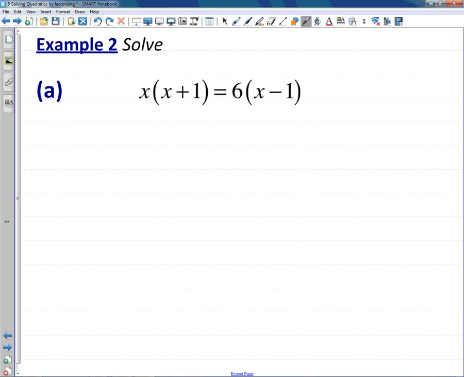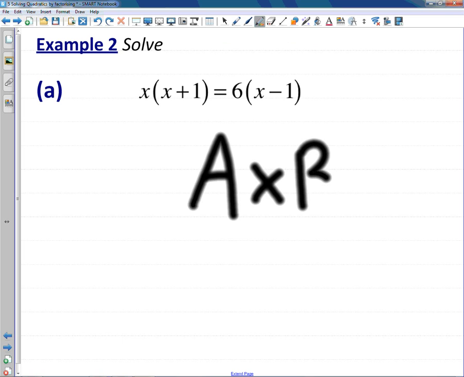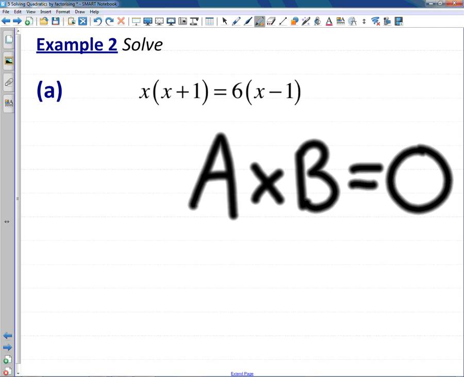We've actually got an equals sign now. When you solve quadratics by factorising, it really relies on the fact that if you've got a times b equaling 0, you can tell me one of two things, or possibly three things. That is to say that either a is 0, b is 0, or perhaps they're both 0.